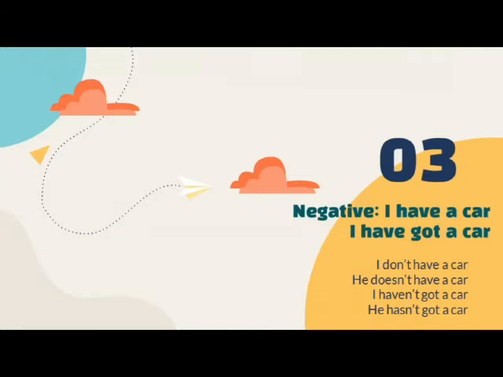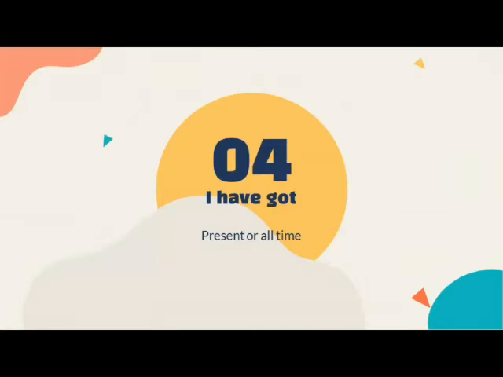I want to remind you that the phrase have got is used only in present when you talk about possession. I had a car. I had got a car. No, it won't be correct. Have got, when we talk about possession of things, is used only in present.